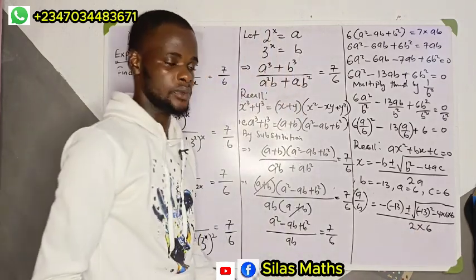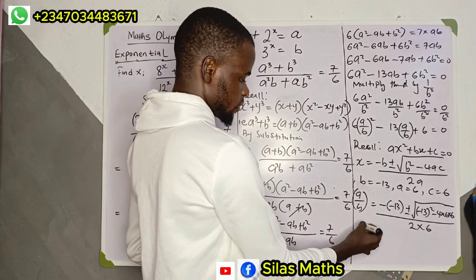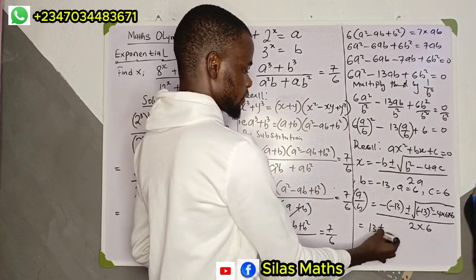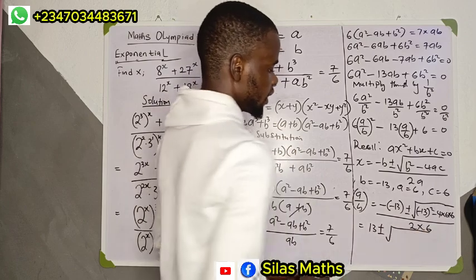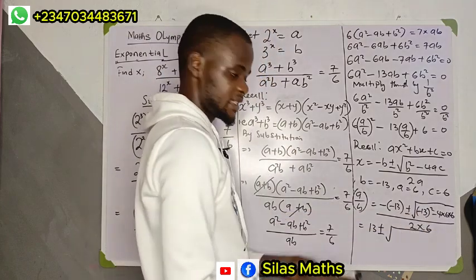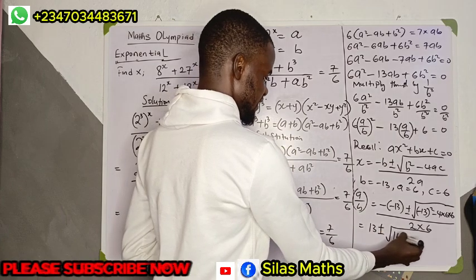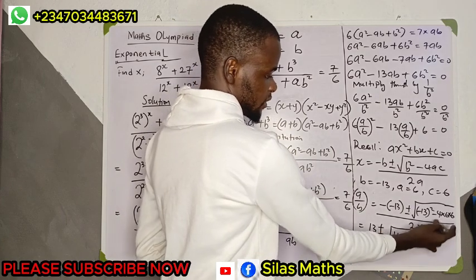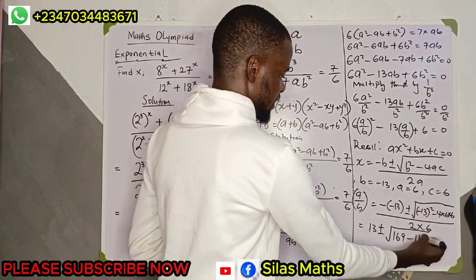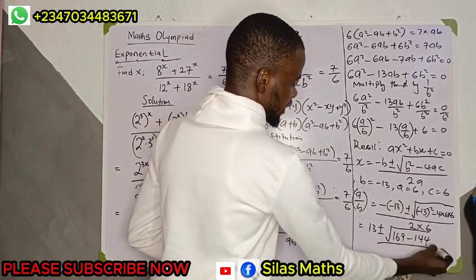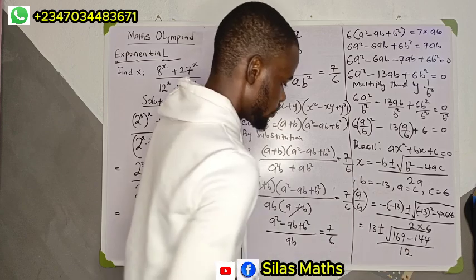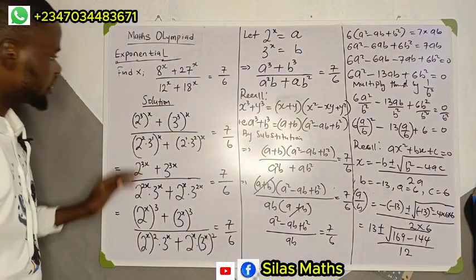Yes, 2 times a is 2 times 6. Minus minus will give me plus, so I have 13 plus or minus the square root of 169 minus 4 times 6 times 6, which gives 144, all over 2 times 6, which gives 12. So we are still solving.